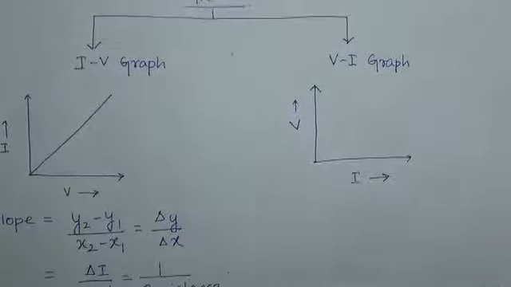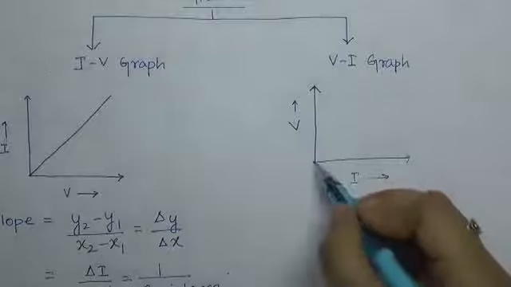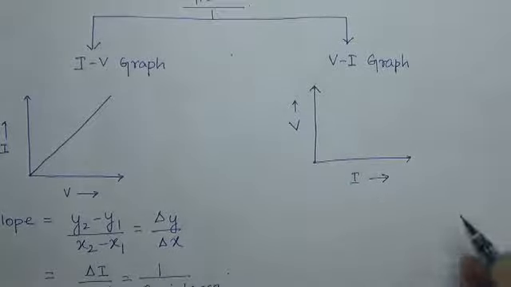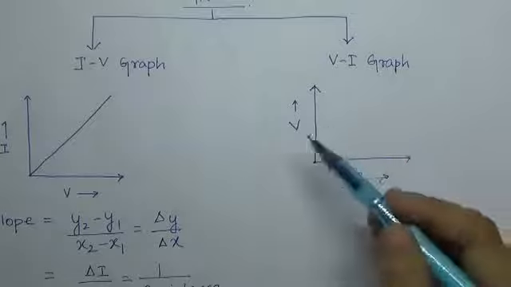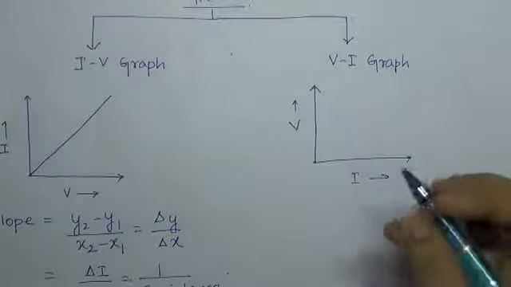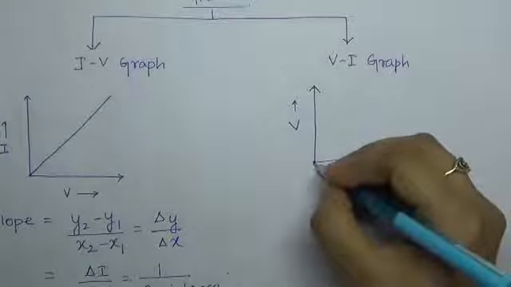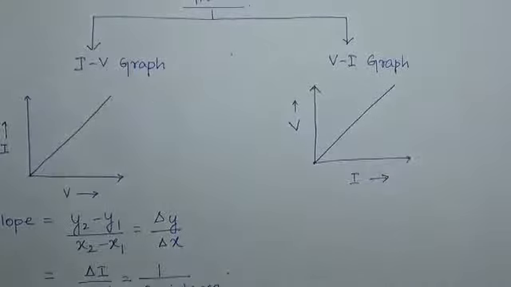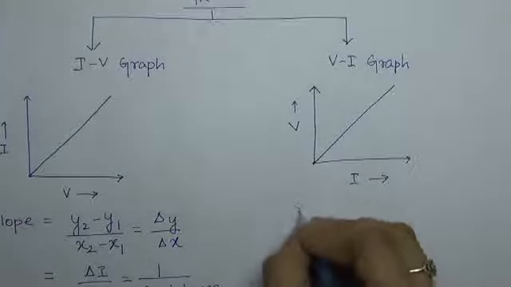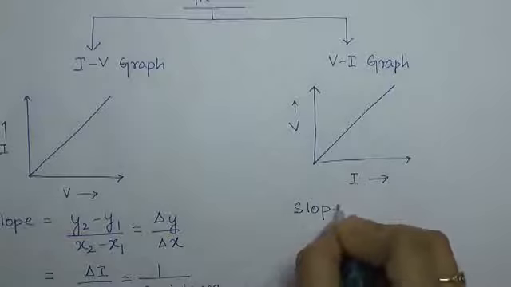Again, be it an IV graph or a VI graph, we know that V is directly proportional to I. Hence, if we plot a graph for all values of V and I, the graph will be a straight line passing through the origin, obeying Ohm's law.